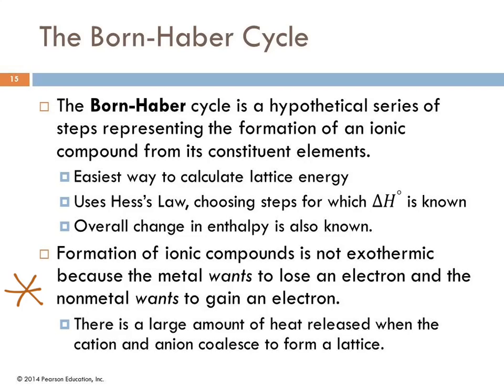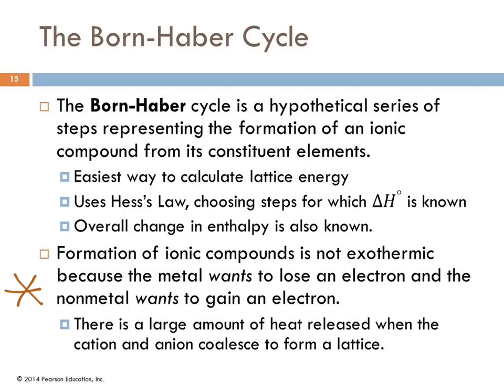The metal ion, the cation, does not just go around throwing electrons off. You have to buy them from him. Some of the anions will pay you for an electron, and some of them won't. But overall, the reason it happens is because of the heat that's released in the formation of this lattice. When these two things come together, there's this big bonus in energy.